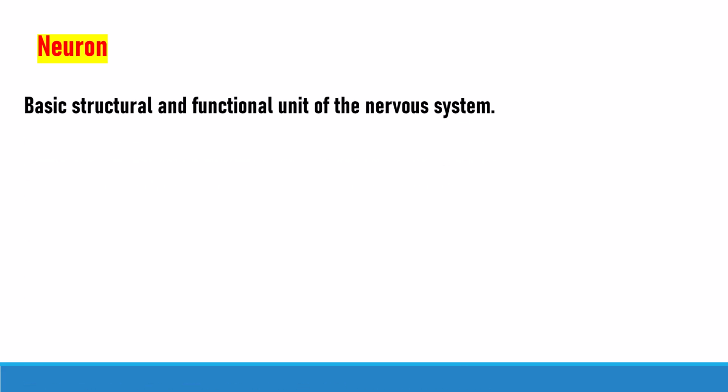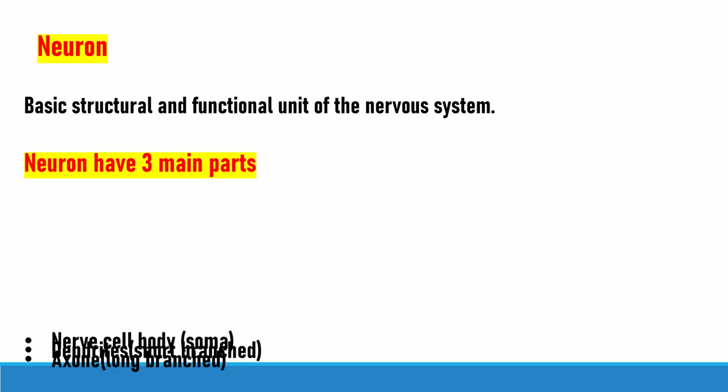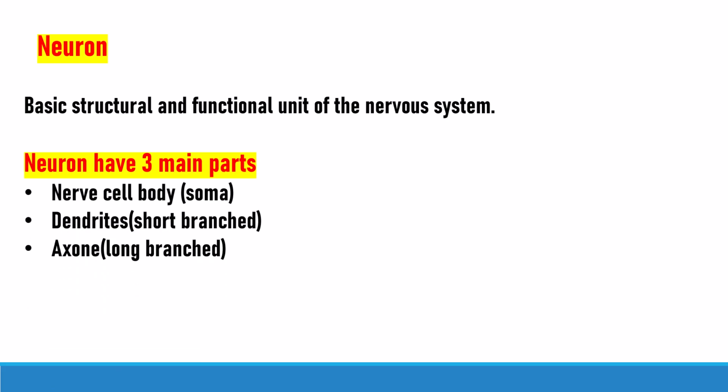Neuron. Basic structural and functional unit of the nerve system. It's responsible for transmitting electrical and chemical signals throughout the body. Neurons have three main parts: nerve cell body or soma, dendrites, and axon.